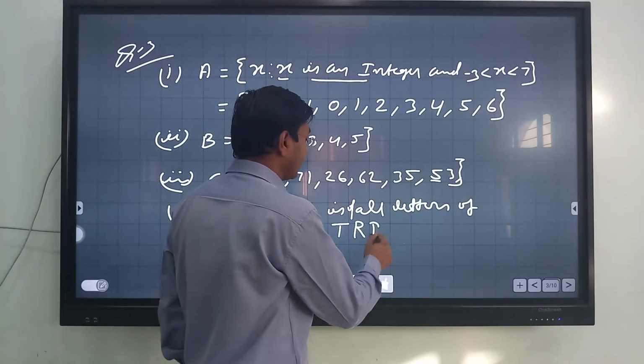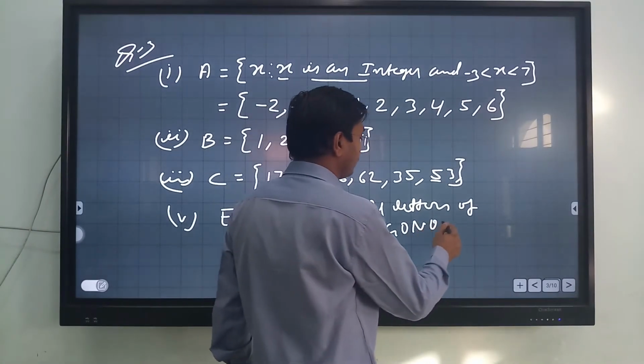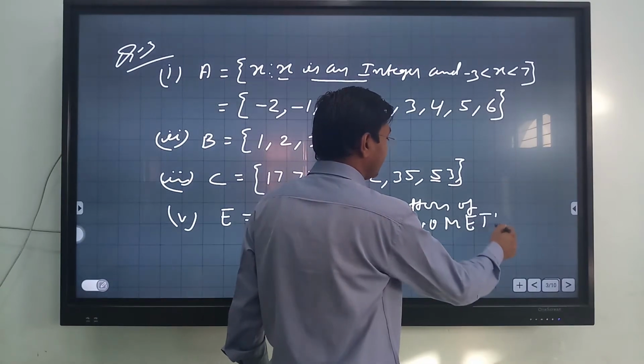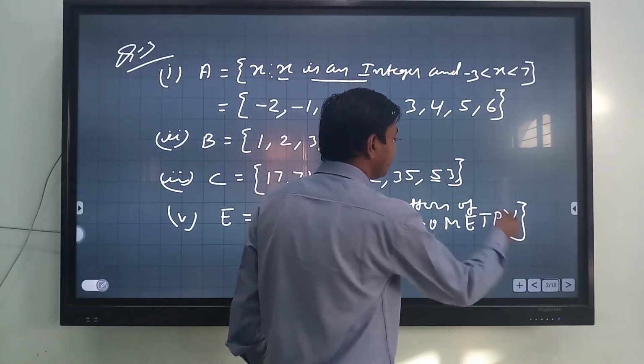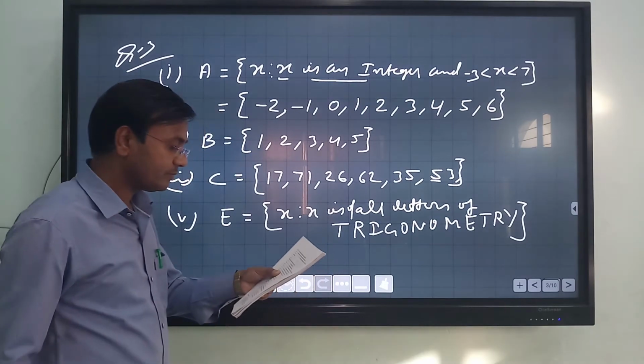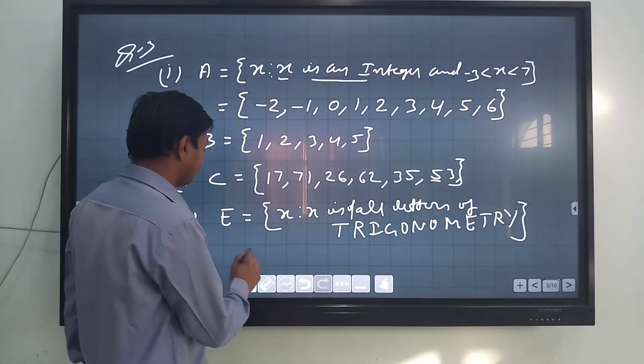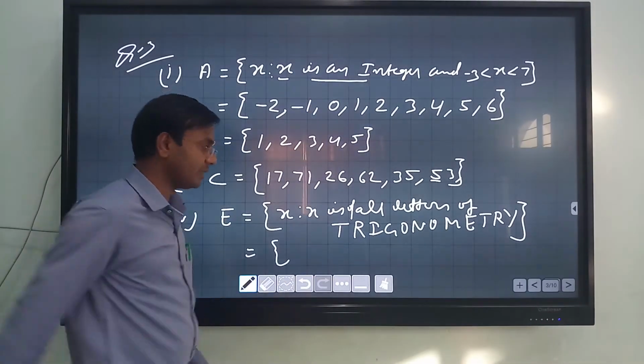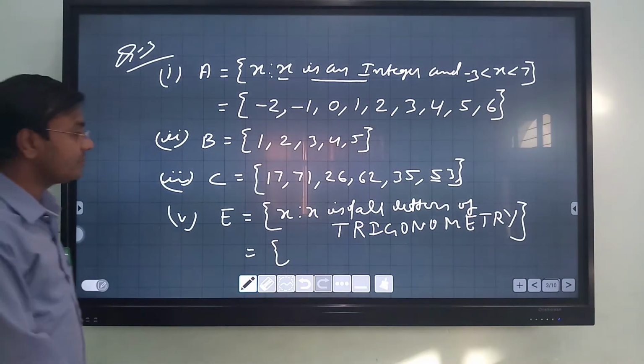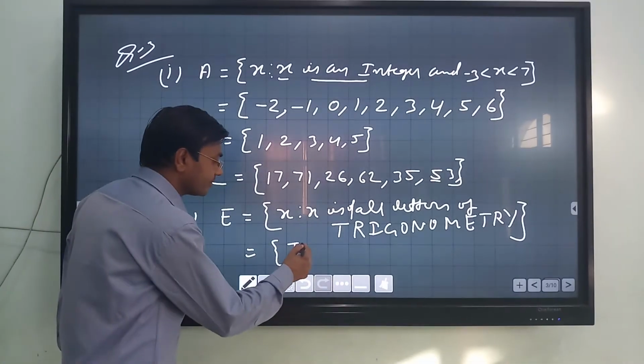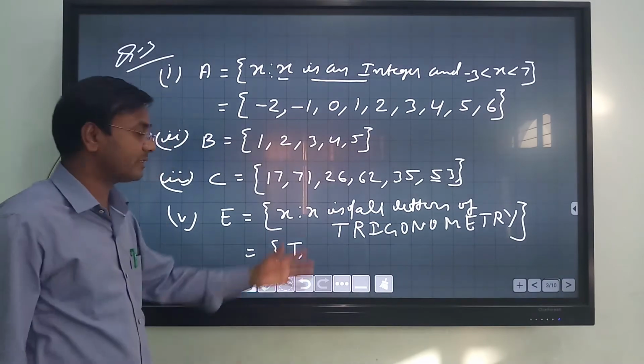T R I G O N O M E T R Y, right? Trigonometry. So we have to write it in roster form. In roster form, we start writing these letters.